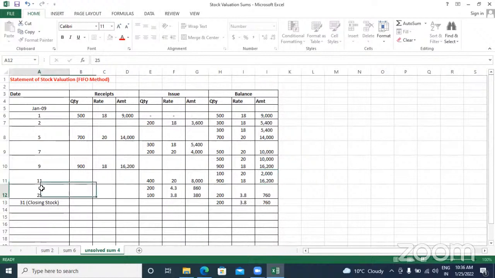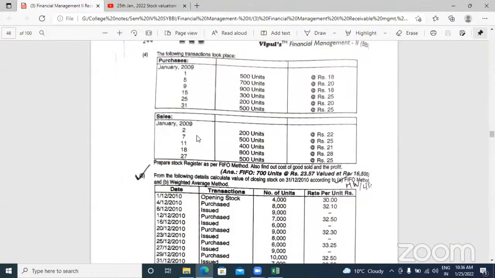Okay. After 11th date, we will come to the next one, which is 15th date. So now tell me, students, 15th date. 300 units, ma'am, 25 rupees. Is it purchase or sales? Purchase, ma'am.